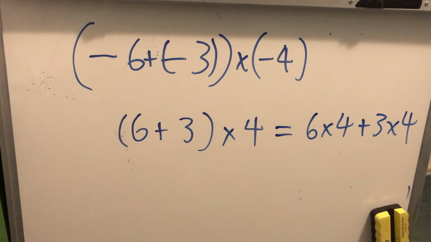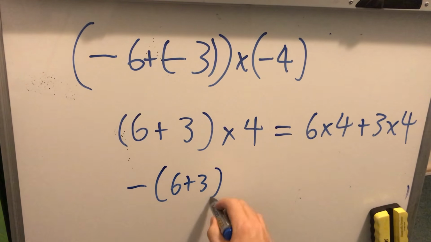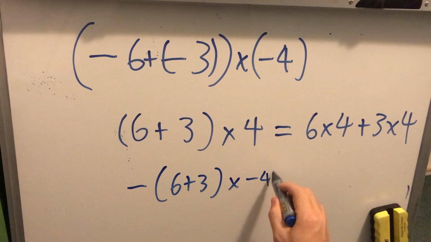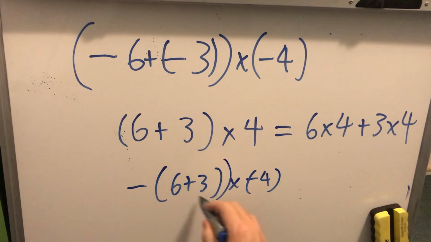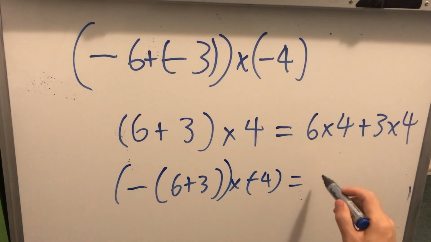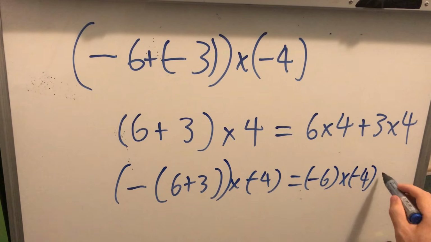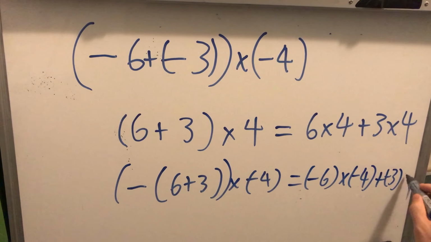And because of how we define multiplication, the left-hand side is the same as minus of all this times minus 4. And the right-hand side is the same as minus 6 times minus 4 plus minus 3 times minus 4.